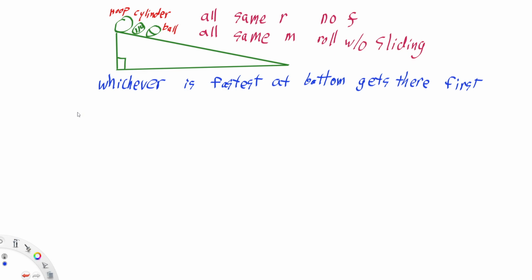There are no external forces between, say, situation A at the top and situation B at the bottom. No external forces means no change in energy. So let's start with the hoop.